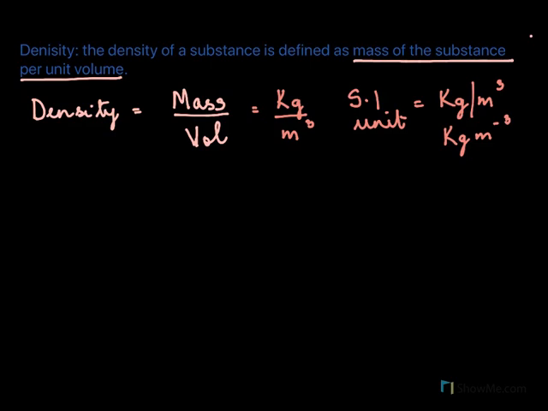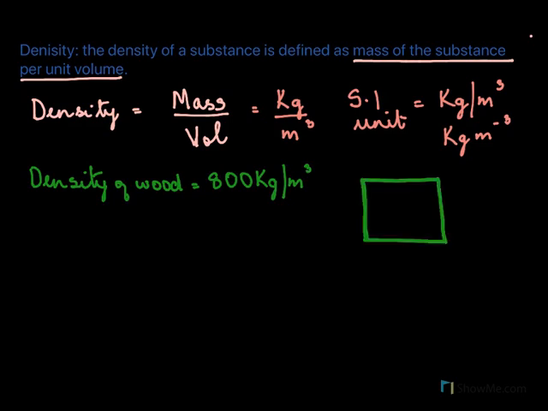Let me give you some more examples. If I say the density of wood is equal to 800 kg per meter cube, what do I mean? Here I have a block of wood whose volume is 1 meter cube.